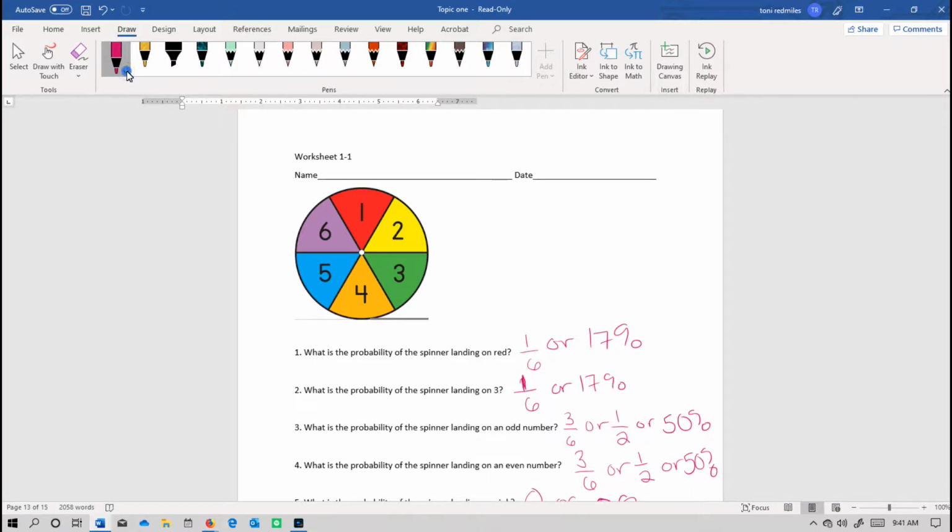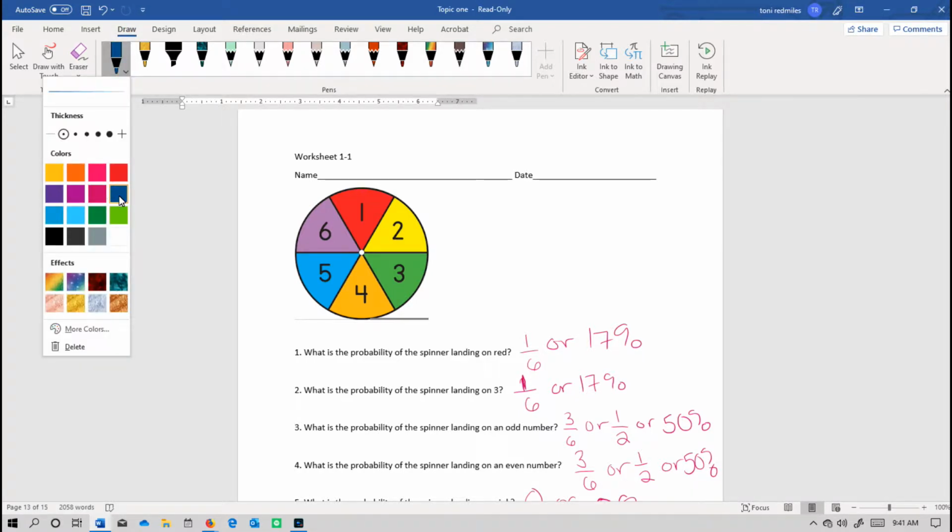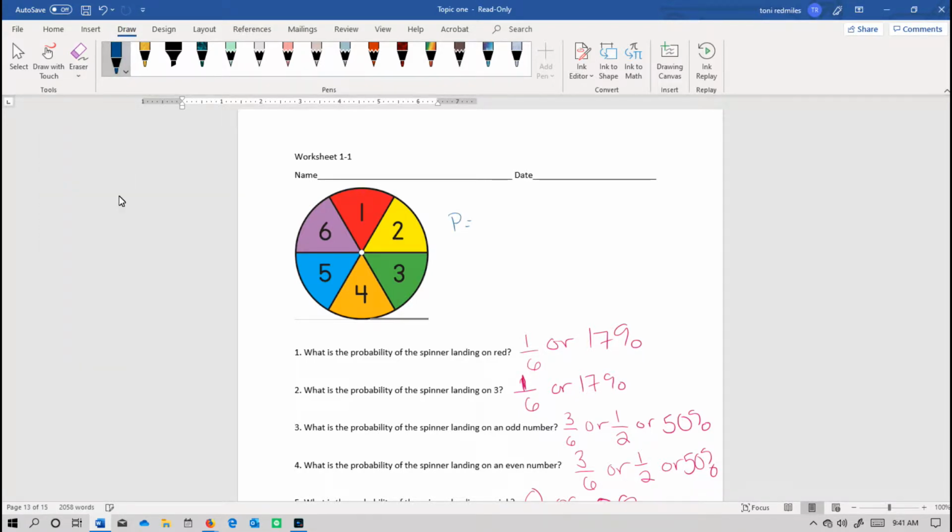Okay, so first we got to remember what the formula for finding probability is, and it's basically events in favor over the total amount of outcomes. Now for the spinner, the total amount of outcomes are this spot, this spot, this spot, this spot, this spot, this spot.